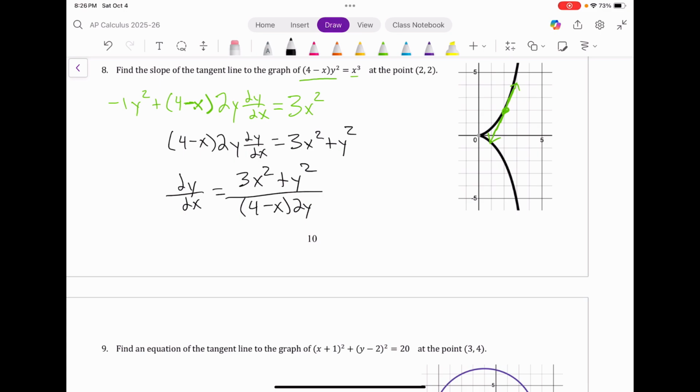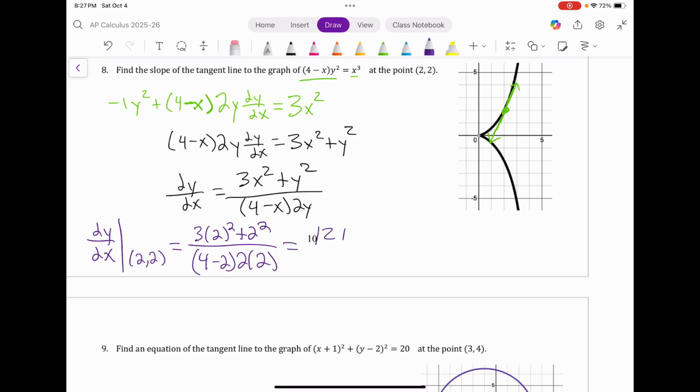Okay, so we have the derivative. Now we want to evaluate it at 2, 2. Okay, so what does that get us? 3 times 2 squared plus 2 squared over 4 minus 2, and 2 times 2. Okay, so what is that? 12 plus 4 over 8, which is 2.